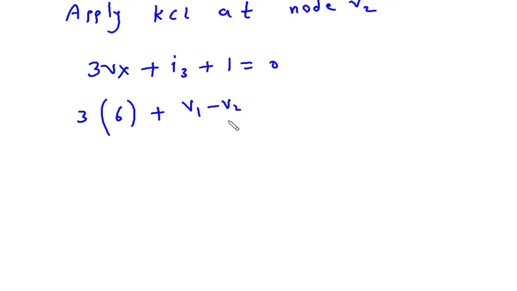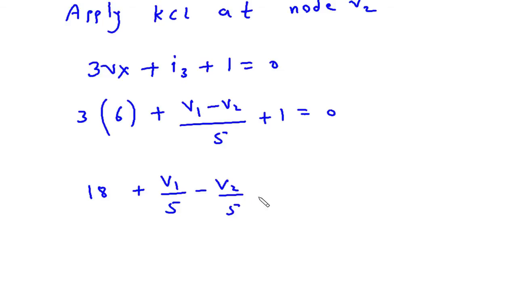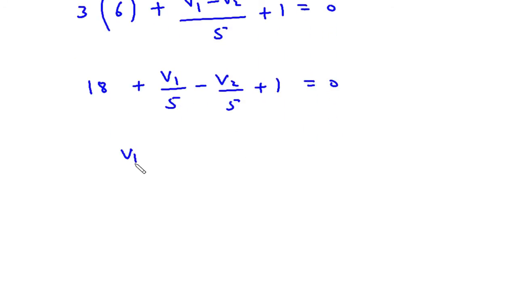So 18 plus V1 by 5 minus V2 by 5 plus 1 is equal to 0. So this will be V1 by 5 minus V2 by 5 is equal to minus 19. This is equation number 2.